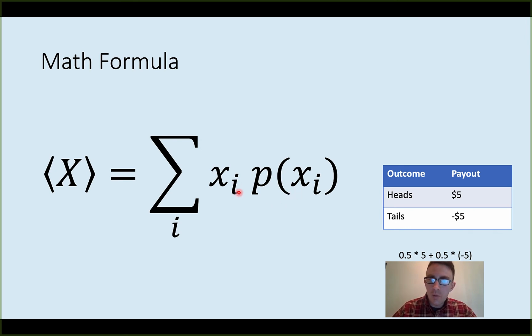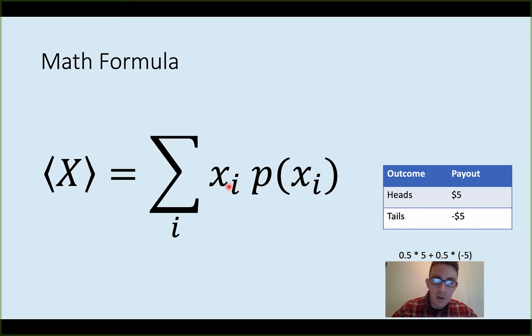So, for example, for i equals 1, our x sub 1 would be 5, and then our p of x sub 1 would be 0.5. That's the probability of observing this outcome of 5. And then we go through and do it for our second possible value of our random variable. That would be -5.